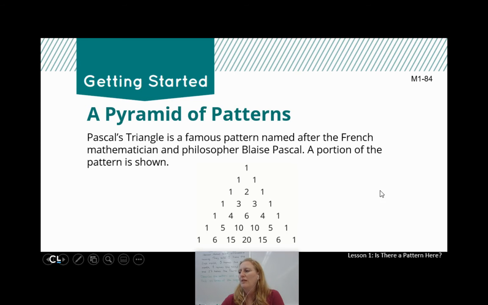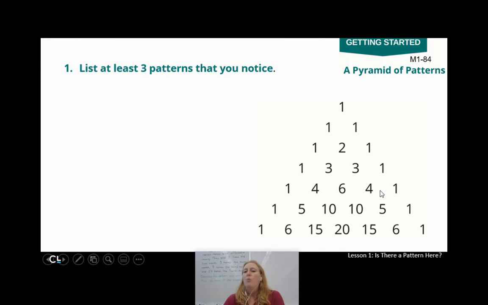To start off, can you list at least 3 patterns that you notice? Maybe you notice more than 3, that's okay. Can you just list any patterns that you notice about this triangle? Go ahead, hit pause, jot it down, hit play to keep going.